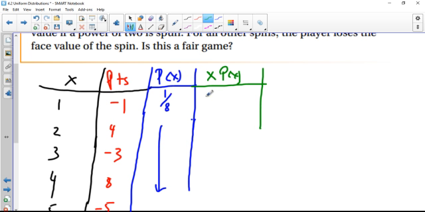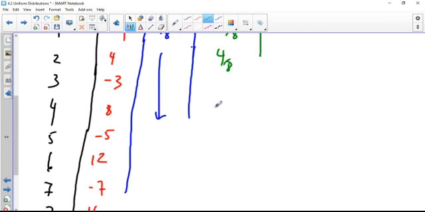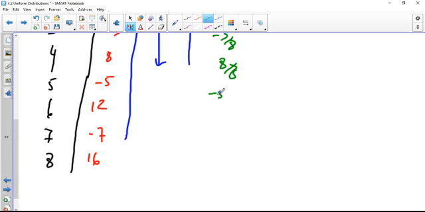So we're going to have -1/8, 4/8, -3/8, 8/8, -5/8, 12/8, -7/8, and 16/8.